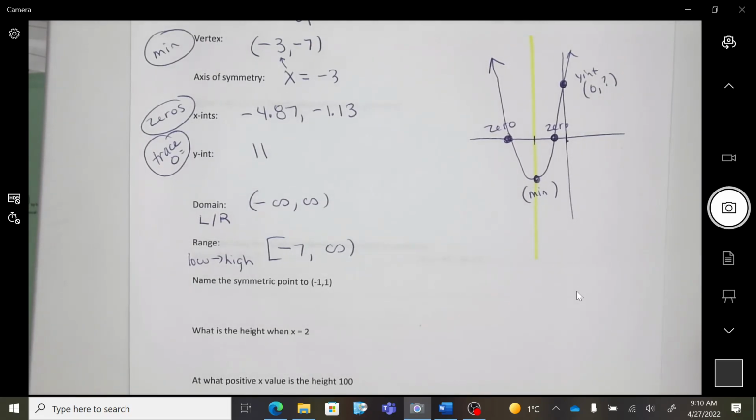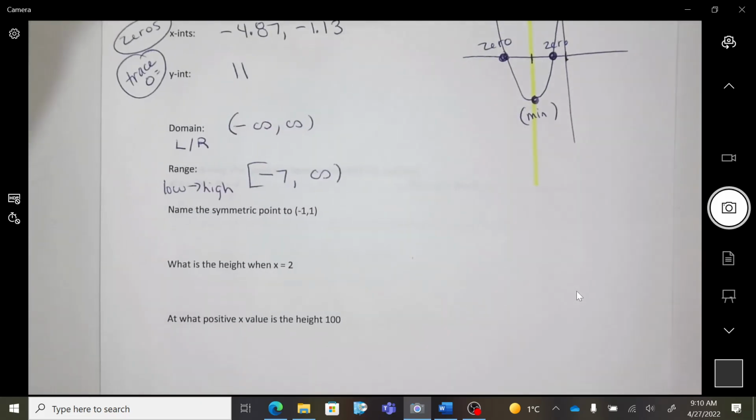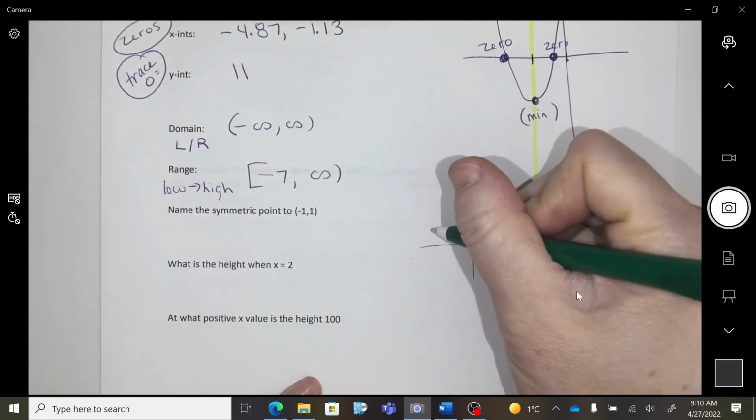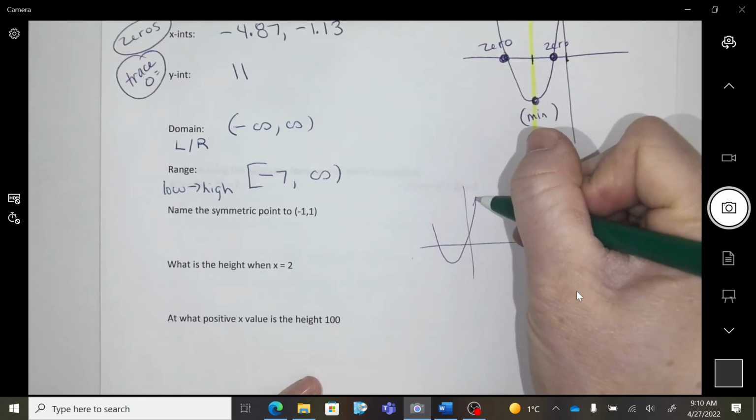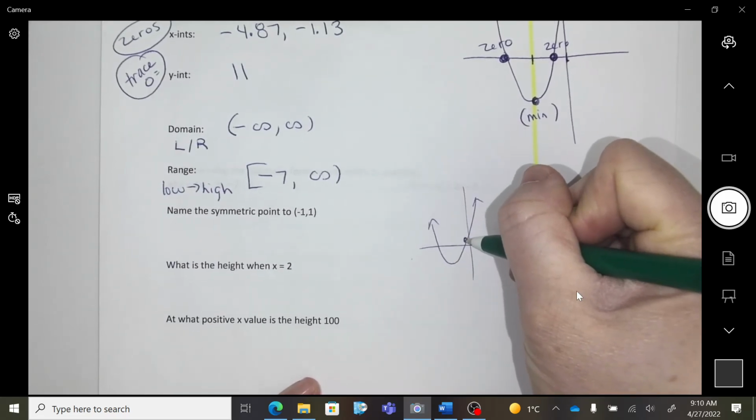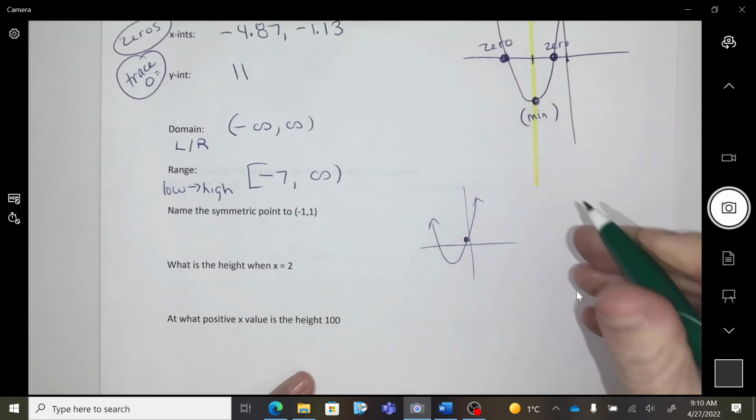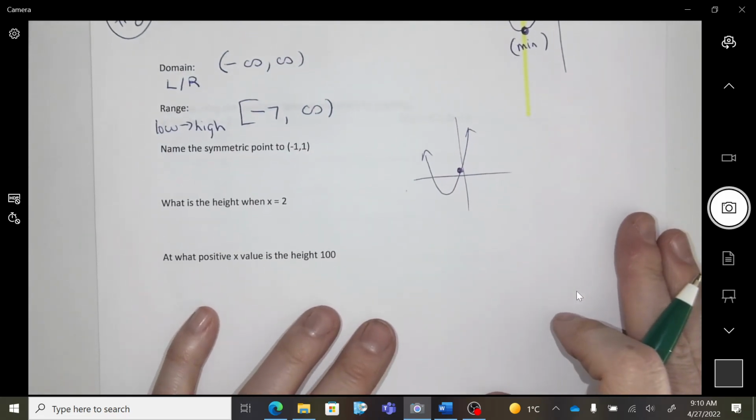Okay, name a point symmetric to -1, 1. So that would be there.